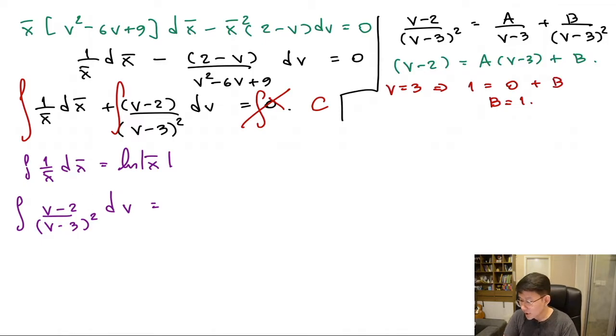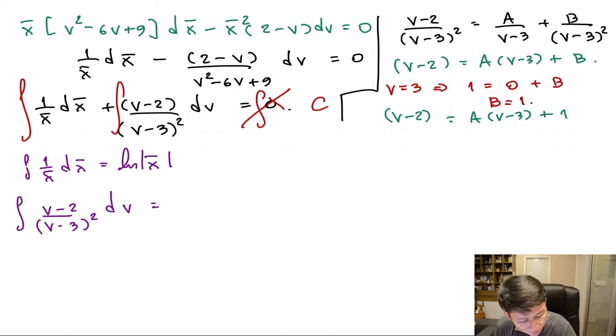So if we know that b is 1, what is the value of a? What should we do? We just need to substitute b by 1 in the green equation. So we have v minus 2 equals a times v minus 3 plus 1, right? And then we let v be any number. Let's say let v be 4, can be any number.